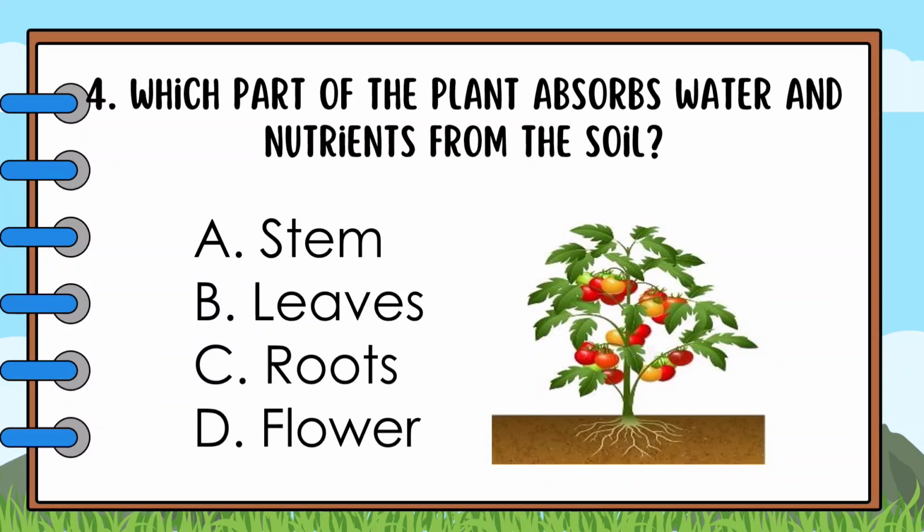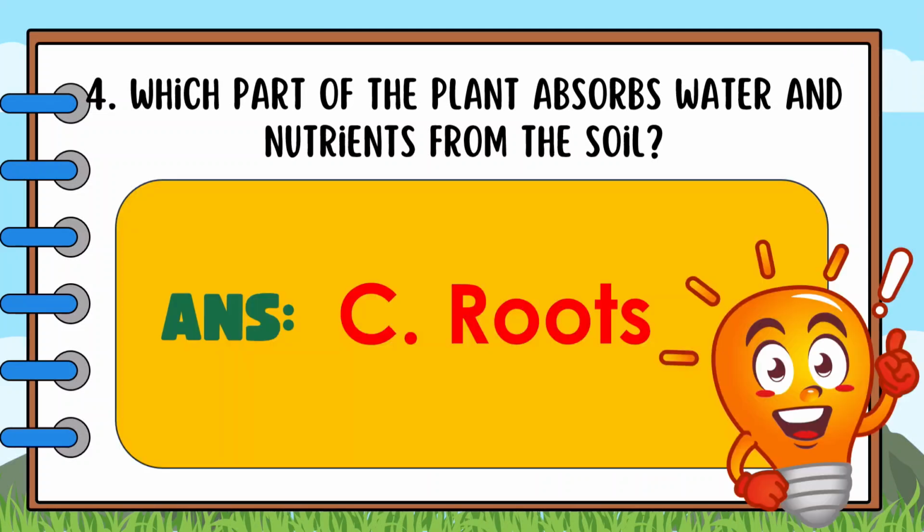Which part of the plant absorbs water and nutrients from the soil? A. Stem, B. Leaves, C. Roots, D. Flower. The answer is C. Roots.